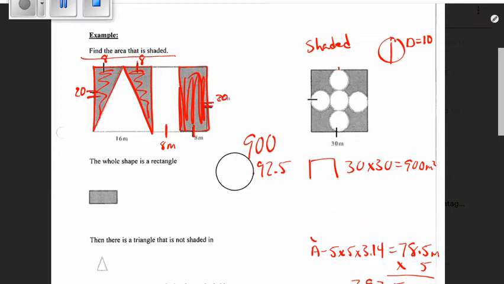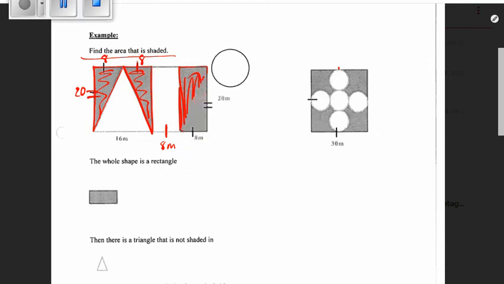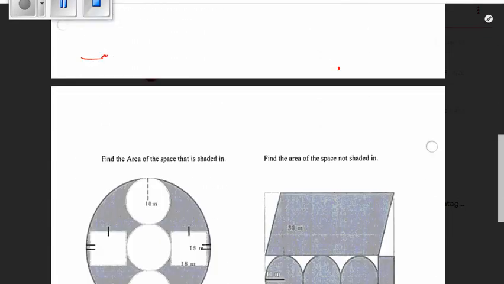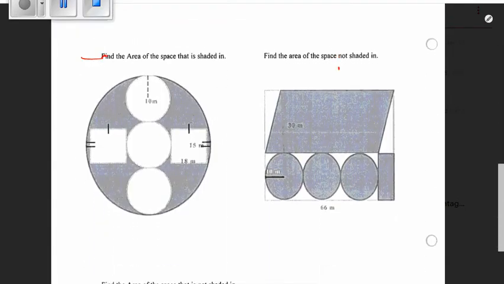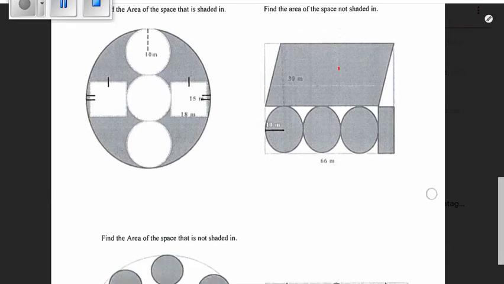Okay, the key to that was finding out everything and then finding those circles. You're going to get questions that get even more difficult. In grade 8, I'm making these a little more complicated simply to challenge you guys a bit more. You'll see on the final, you're not going to get as complicated questions.